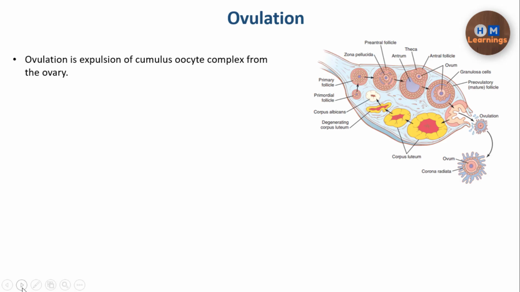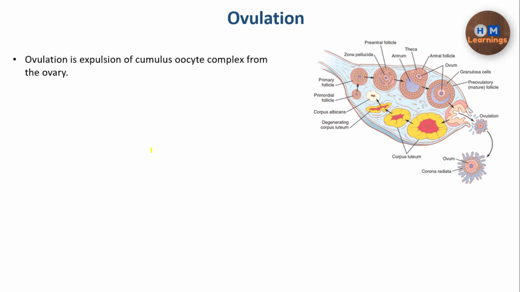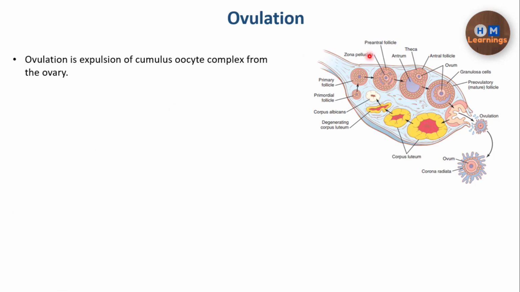This diagram shows you the different follicular stages of the follicle inside the ovary. Here you see the pre-antral follicle, then the antral follicle, and the dominant follicle, and then there is a rupture of that follicle.